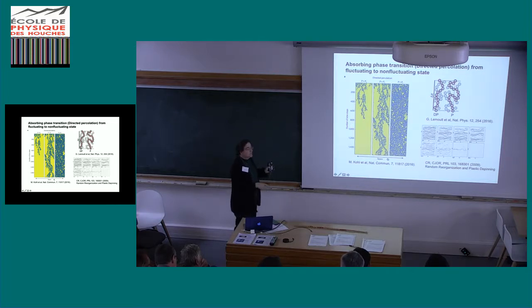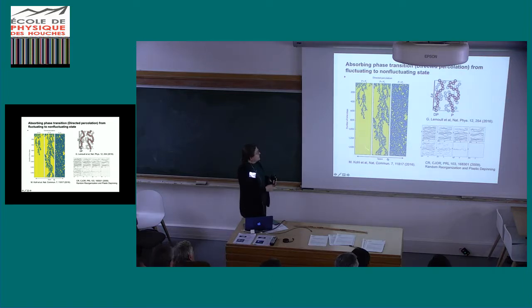So this is a non-equilibrium transition, because I can go from the fluctuating state to the non-fluctuating state, but once I've reached the non-fluctuating state, I can't go back. So it breaks the symmetry of going across the transition. And then of course, right at the directed percolation transition, you have these extremely long time scales and also divergences in the length scales.